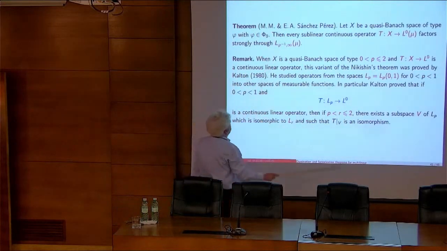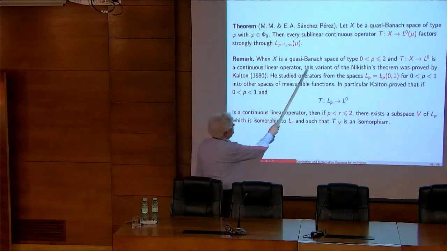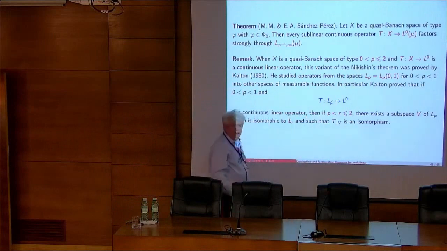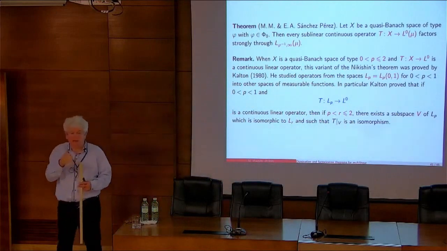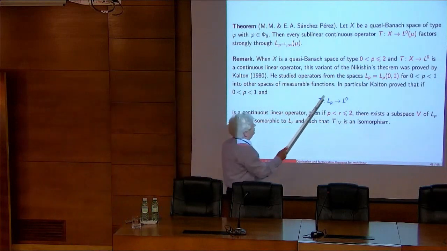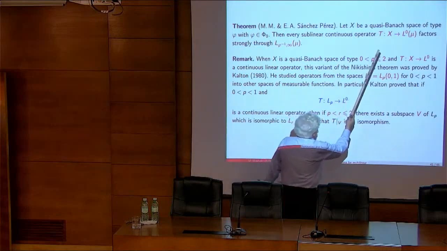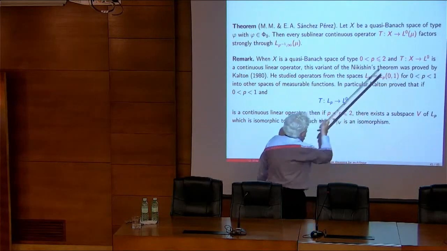Okay, so this is the conclusion from these general results. Whenever X is a quasi-Banach space of type p, this means that the Orlicz function phi of t is equal to t to the power p, so this is exactly the classical case, and p is between 0 and 2, and only this one must be, by the property of the Rademacher functions.